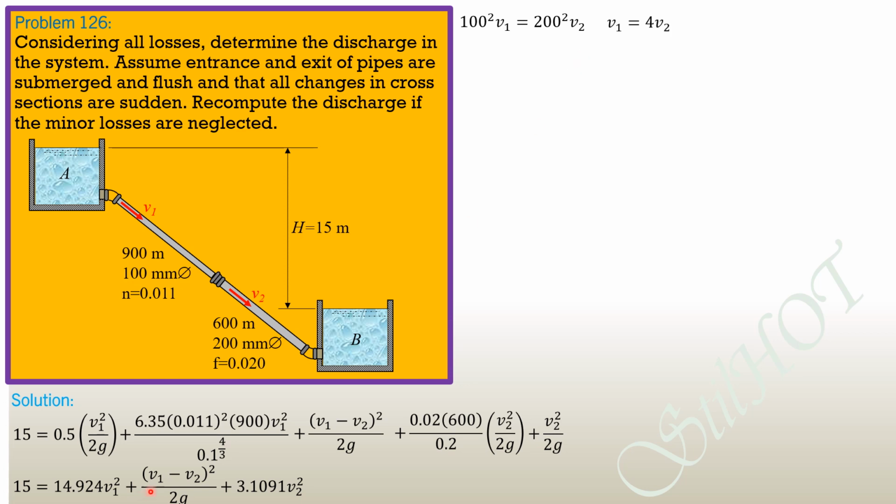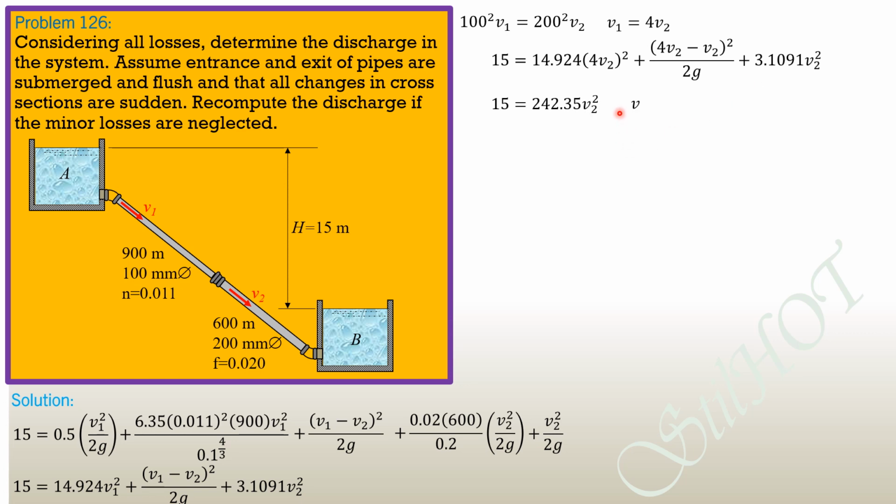So substitute into this equation here: 15 equals 14.924 times 4V sub 2 squared plus quantity 4V sub 2 minus V sub 2 quantity squared over 19.62 plus 3.1091 V sub 2 squared. Simplifying further, 15 equals 242.35 V sub 2 squared.